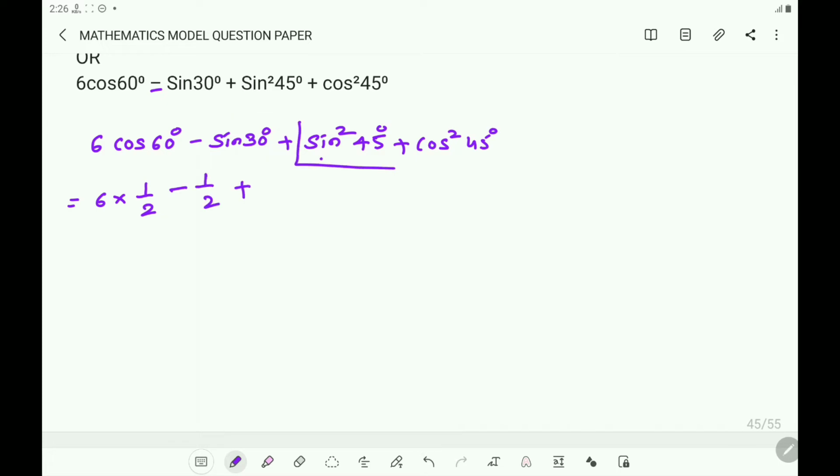Plus, you can write the sum of sin square theta plus cos square theta. You know that sin square 45 degree plus cos square 45 degree is 1. Also, if you take the values, sin 45 is 1 by root 2 whole square, that is 1 by 2.